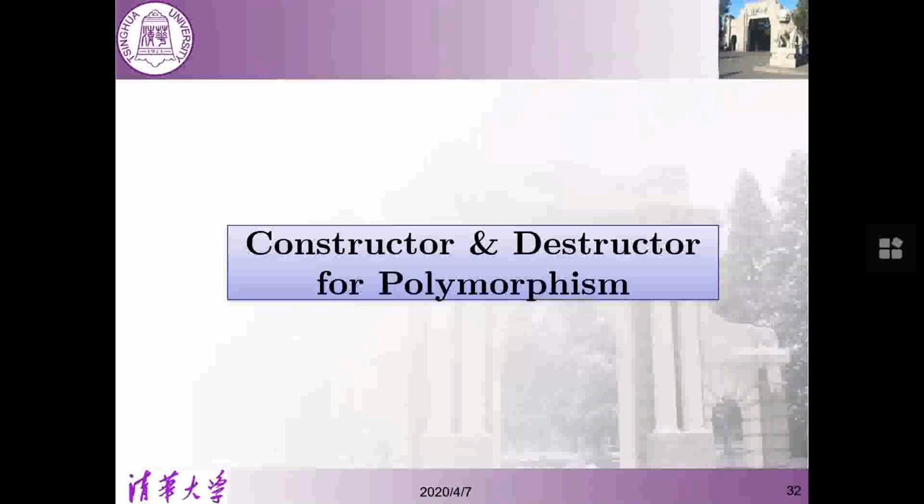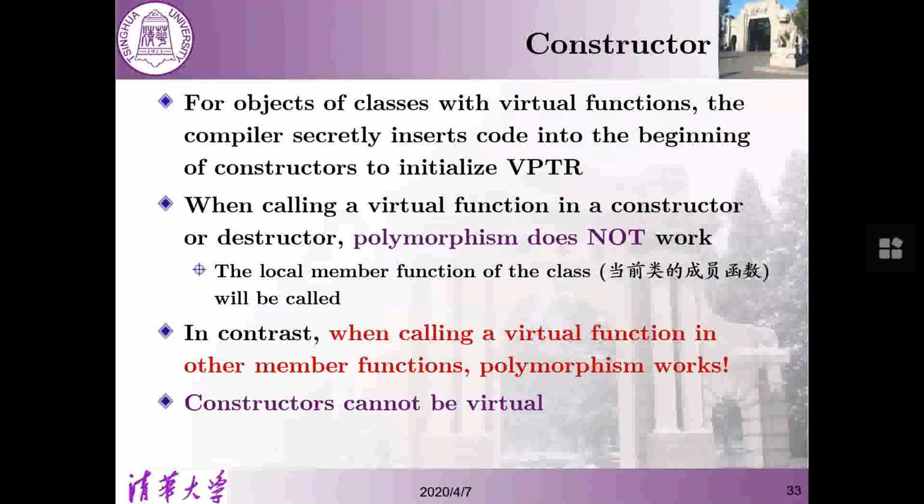Then there are some grammars for constructors. For objects of classes with virtual functions, the compiler secretly inserts code into the beginning of the constructor to initialize the VPTR. So we learned VPTR before.